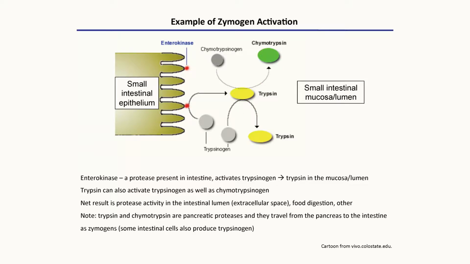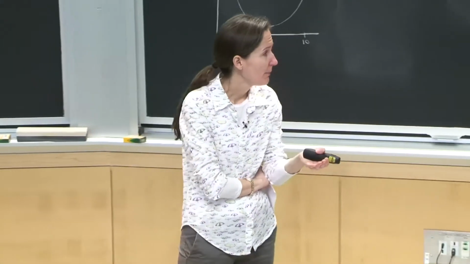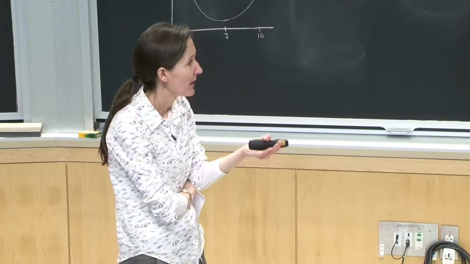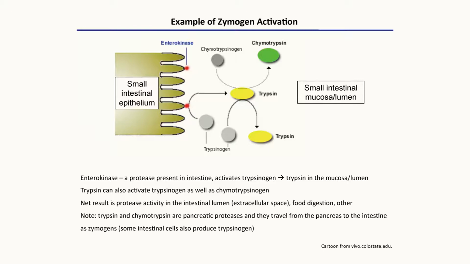Okay, and then what can happen? Trypsin can also activate trypsinogen, and it will also activate chymotrypsinogen to give chymotrypsin. Right, so the net result here is protease activity in the intestinal lumen, which is the extracellular space here. And so they travel from the pancreas in a form that's inactive and then become active in the intestinal lumen there.